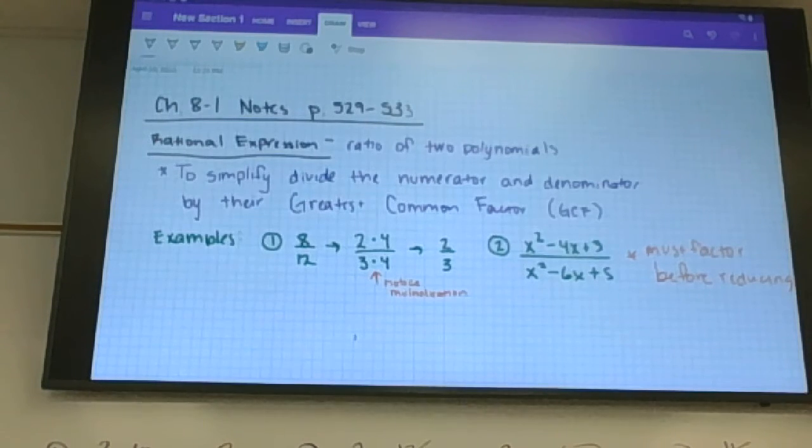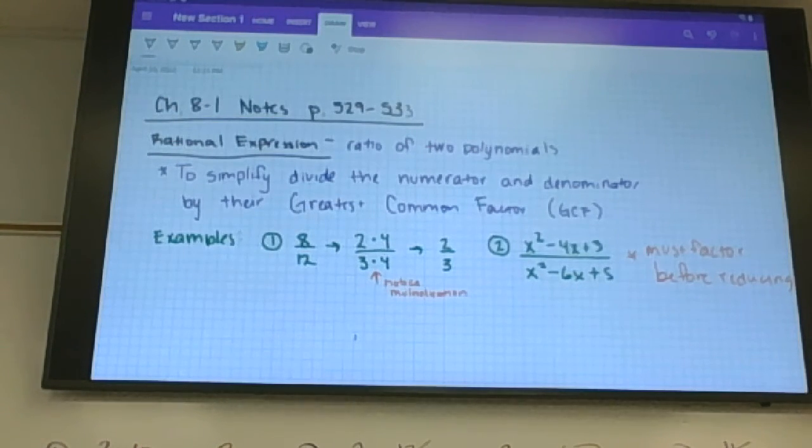So a rational expression is what we're working on here. Rational has the root word ratio. Rational and ratio come from the same root word. So a rational expression is just a ratio of two polynomials. All of these things on the board are fractions. You could call them ratios, but they're generally not considered polynomials unless there are x's or variables involved.